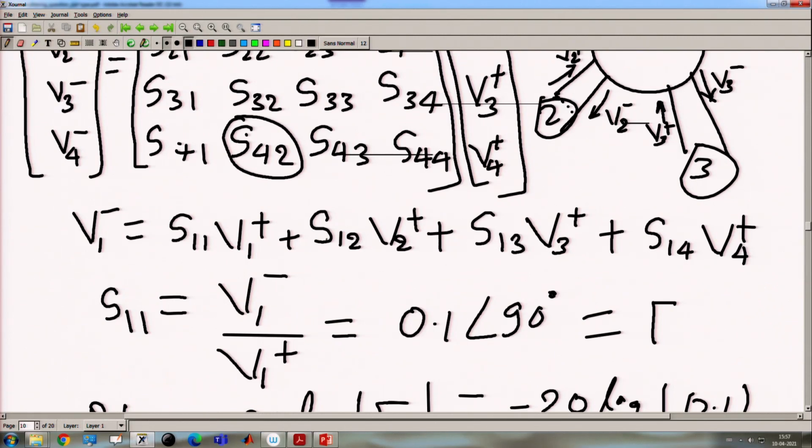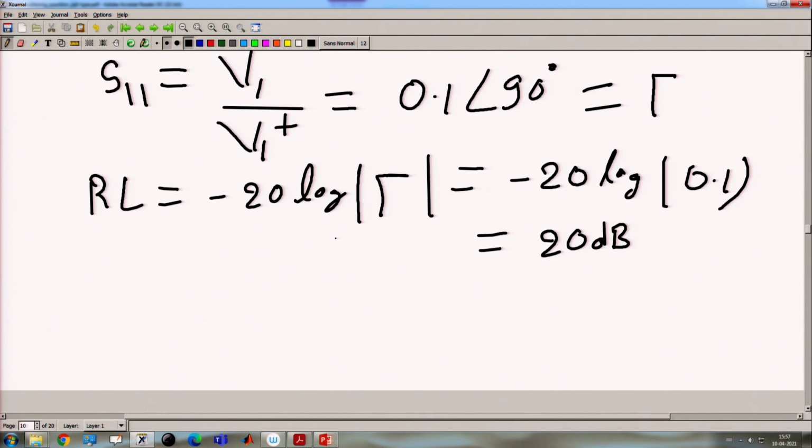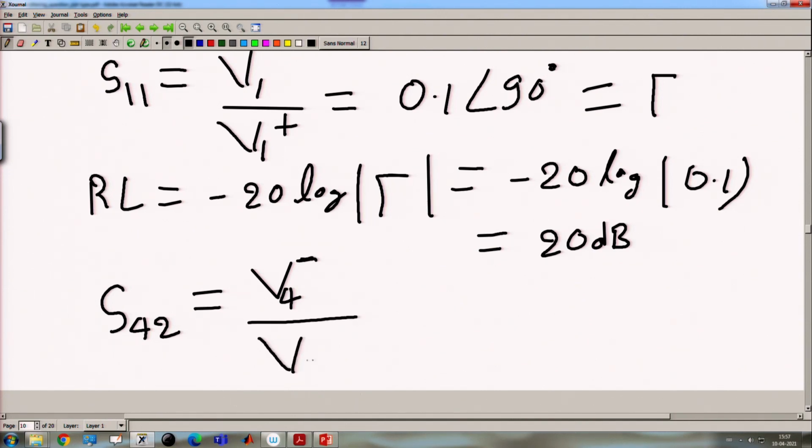That means V4 minus divided by V2 plus, when all other ports are matched, that means V1 plus equals 0 and V3 plus equals 0.